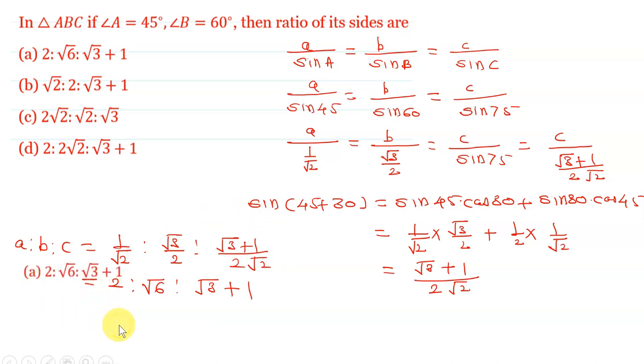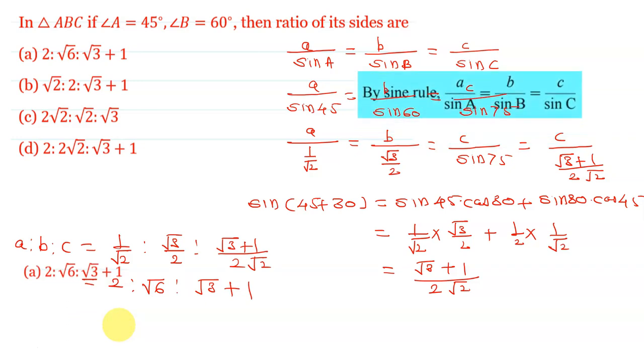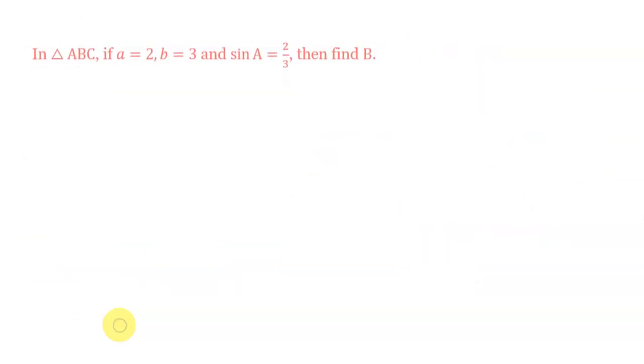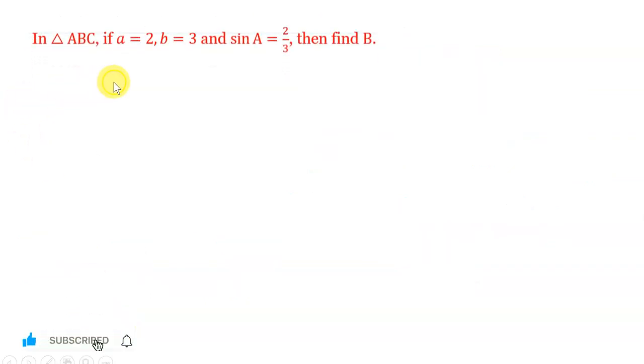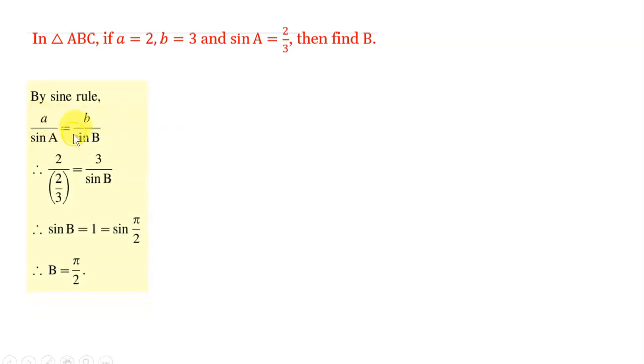Okay, now the next. In triangle ABC, a is 2, b is 3, sine of A is equal to 2 by 3. Then find sine B. Apply the sine rule here. A upon sine A is equal to b upon sine B. A means what? 2. Sine of A is 2 by 3. If we simplify here, that is 2 upon 1 multiplied by the reciprocal.